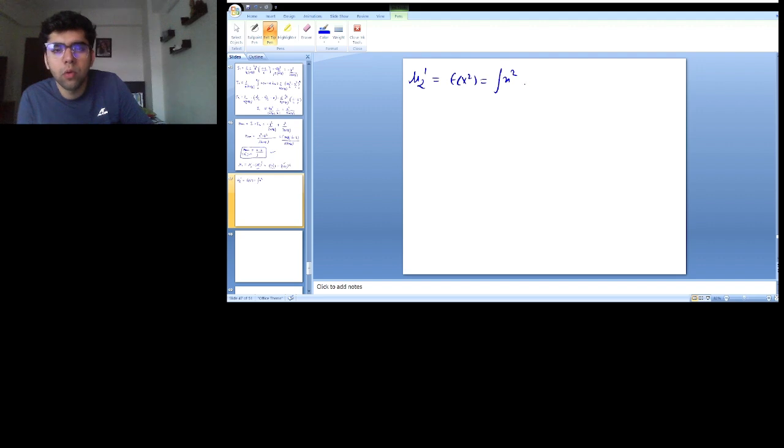Now my fx was, so I need to find this over the two different limits, and my limits are minus b to 0 x square. The PDF here was 2 upon b, a plus b into b plus x dx, plus 0 to a, 2 upon a minus x upon a plus b into x square dx.